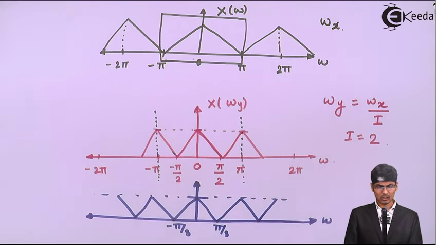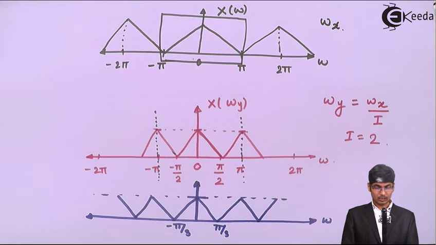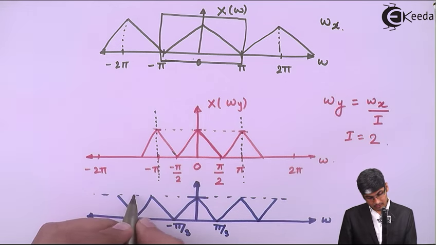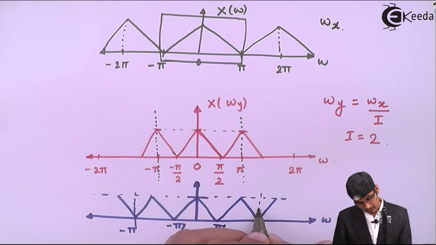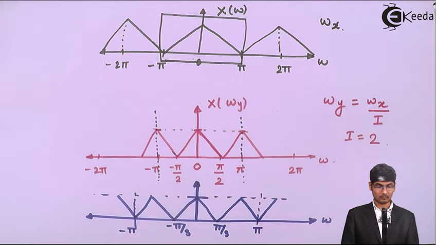This will be from minus pi to plus pi. So there will be 3 copies.